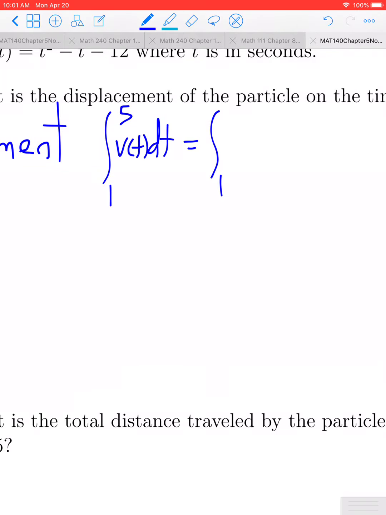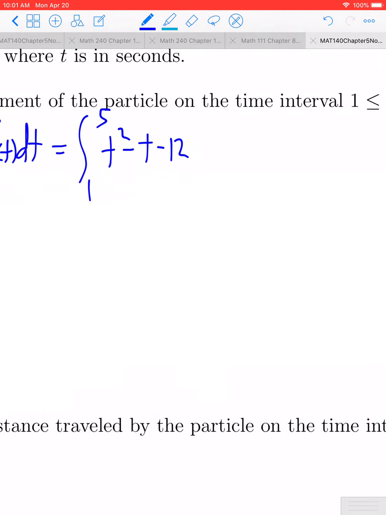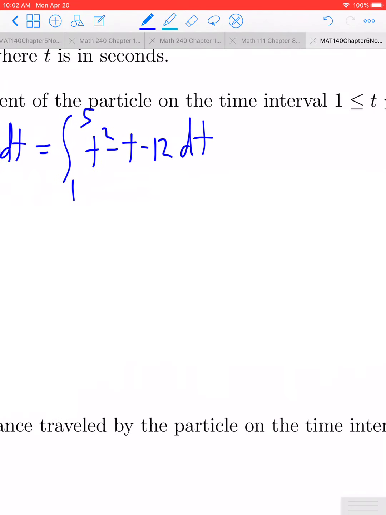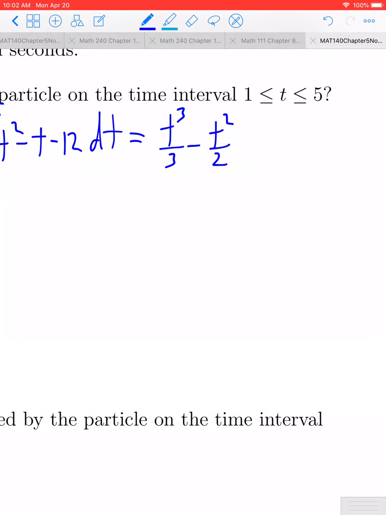This is going to be the definite integral from 1 to 5 of t squared minus t minus 12 dt, which is equal to t cubed over 3 minus t squared over 2 minus 12t evaluated from 1 to 5.